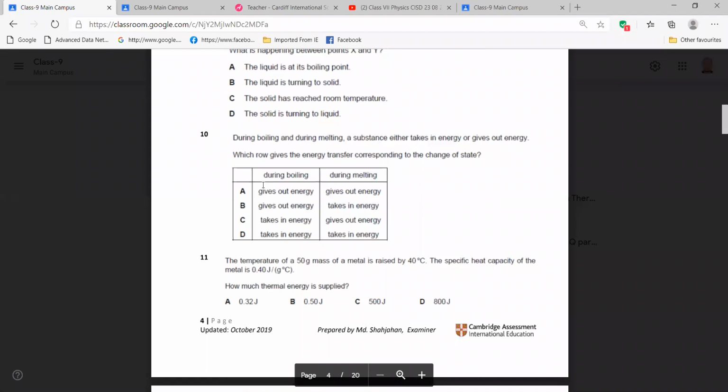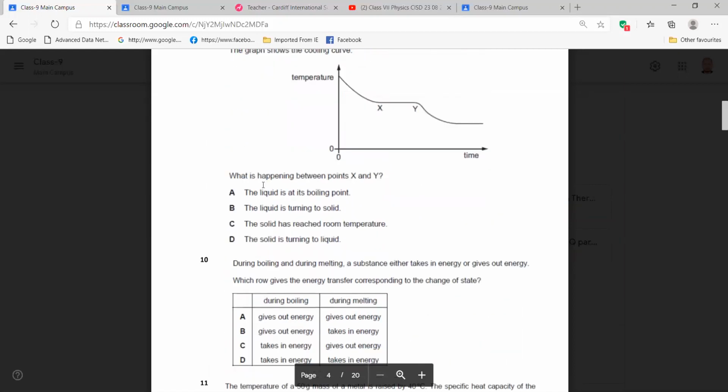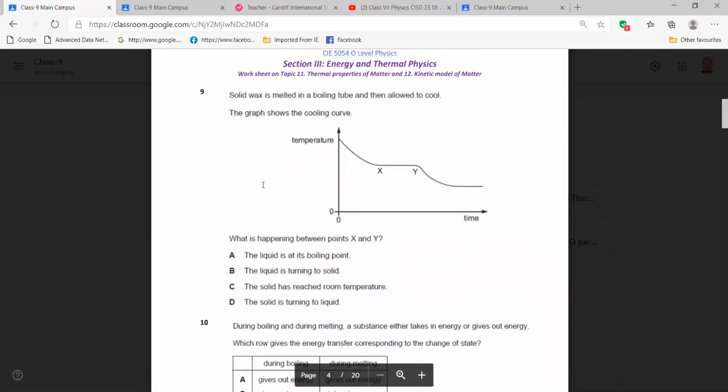Adnan, continue with 10. Sir, I have a question. After the solid wax is solidified, the temperature drops again, sir. Can you tell me why this happened? Very simple.